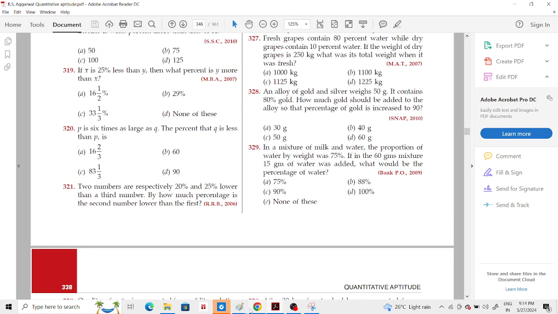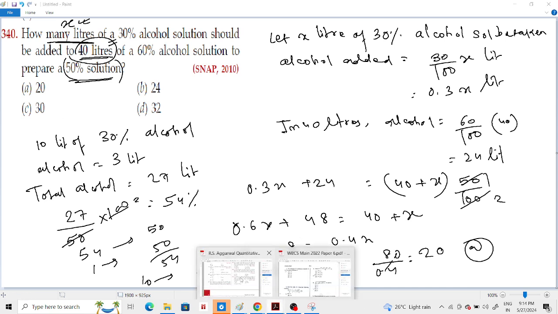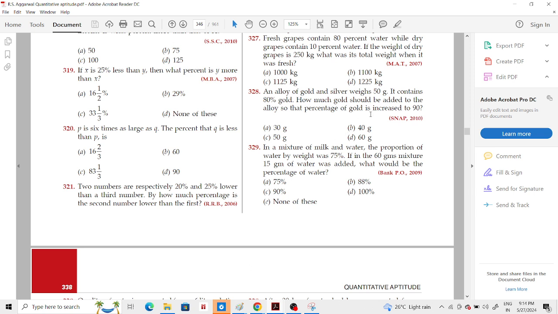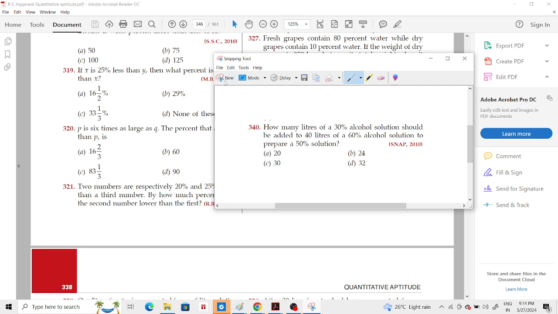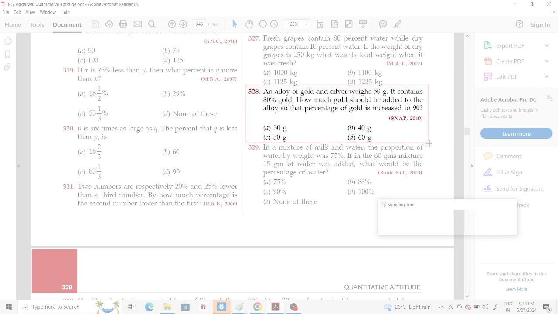Question number 328. Did you copy this? Yes, sir. So we can try out 328. Wait, I'm sending this question because I'll have to open the WBCS question paper.